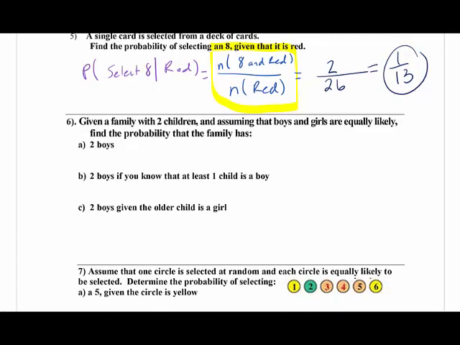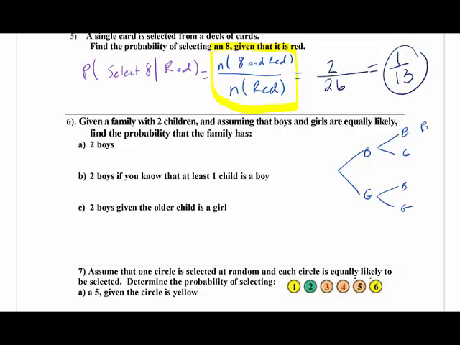Looking at number 6, given a family with 2 children and assuming that boys and girls are equally likely, find the probability that we have 2 boys. Notice there's no given on this one. So I'm going to write out, this is a case similar to that torpedo. First choice is a boy-girl. Nothing changes.